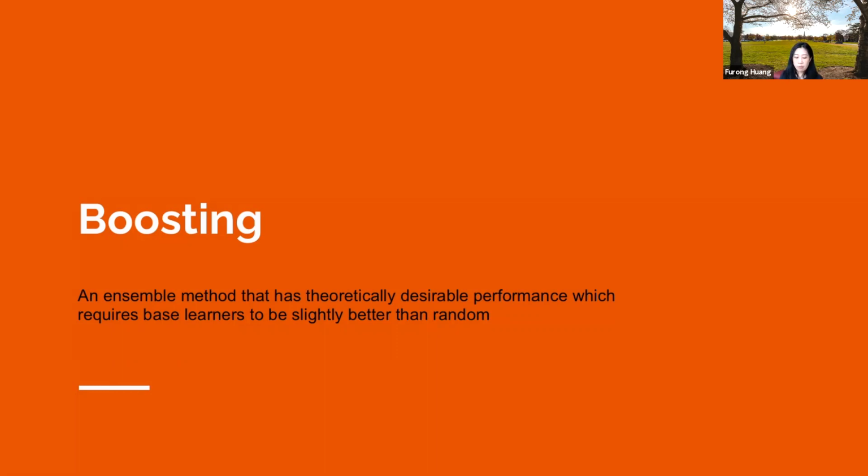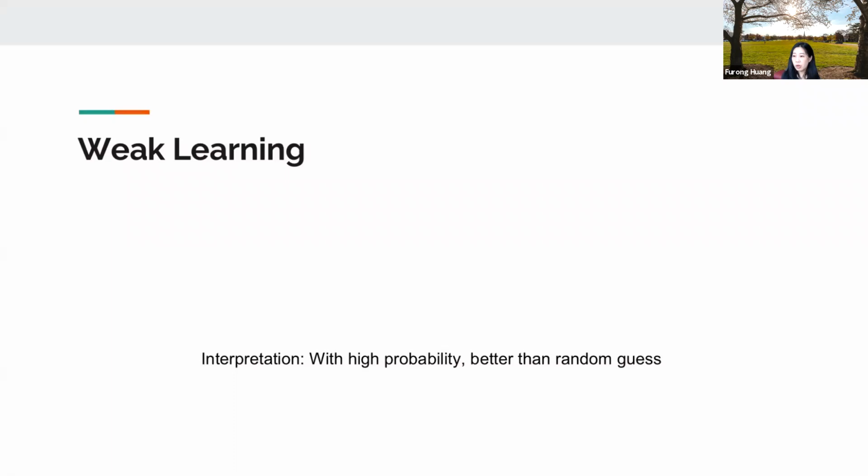It is an ensemble method that has theoretically desirable performance, which requires base classifiers to be only slightly better than random. We also have a project related to this, understanding certified defense through boosting.